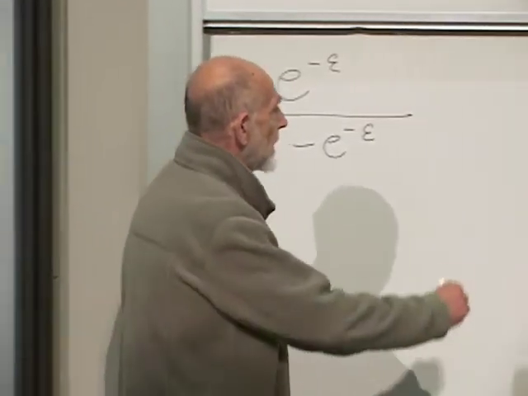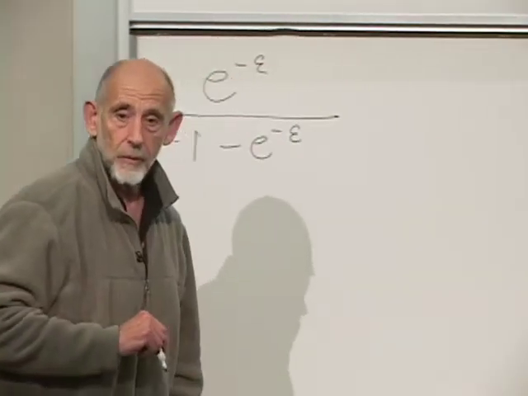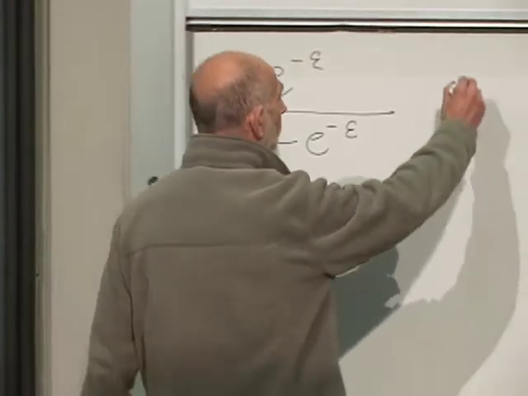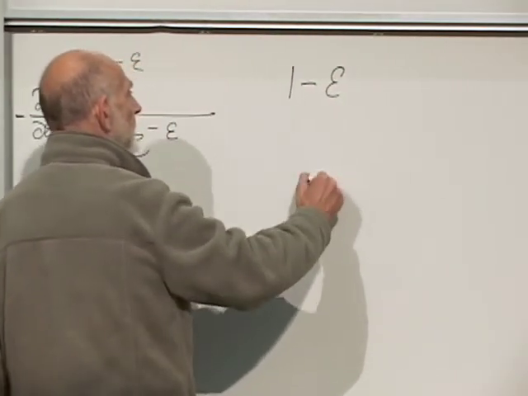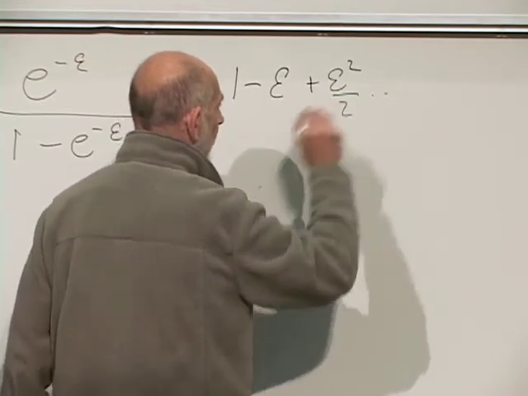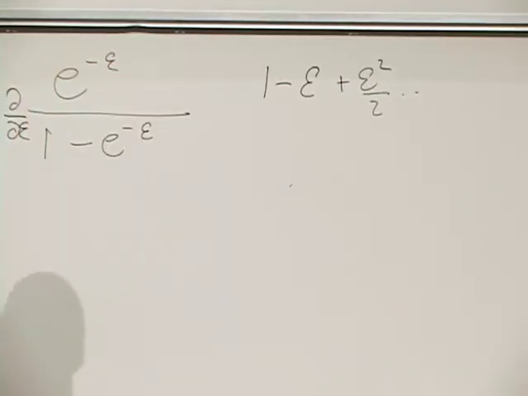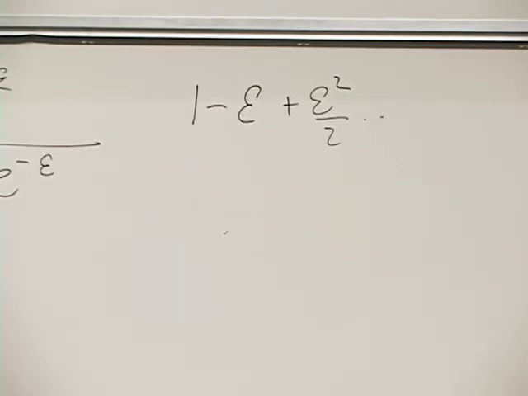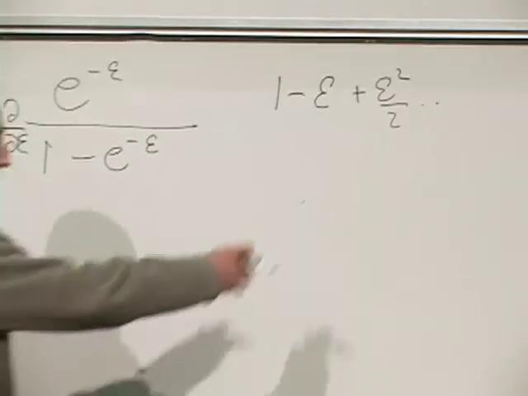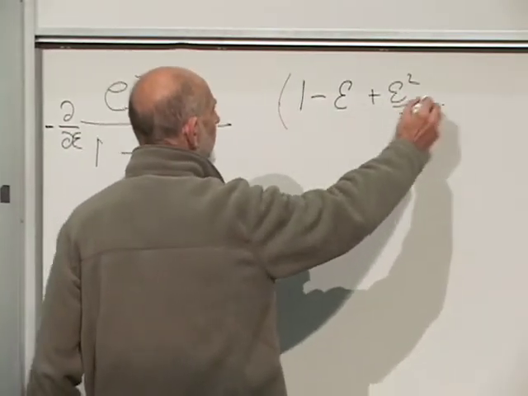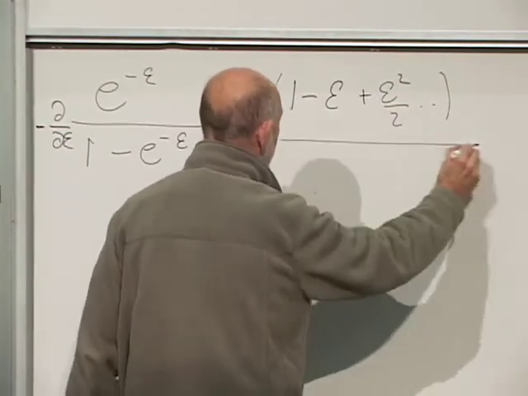So what is e to the minus epsilon when expanded in terms of epsilon? 1 minus epsilon plus epsilon squared over 2, dot, dot, dot. We're only going to need things to power epsilon squared. We won't need things beyond that. And of course, there are more, but we won't need them. Now, what about the denominator?